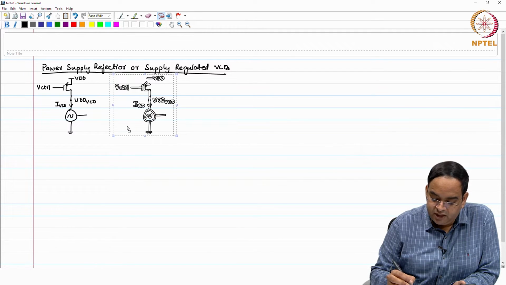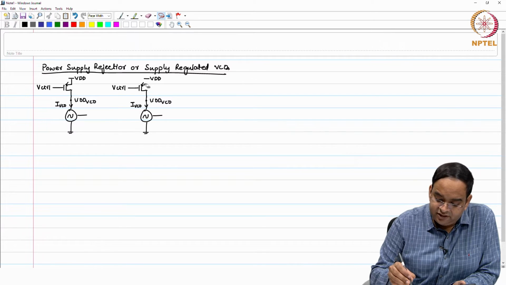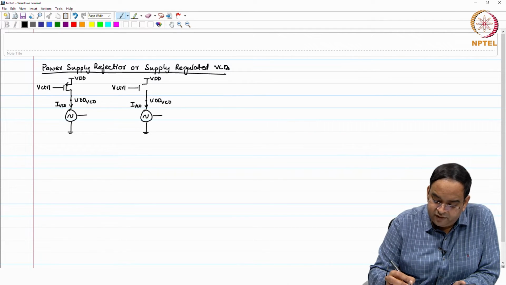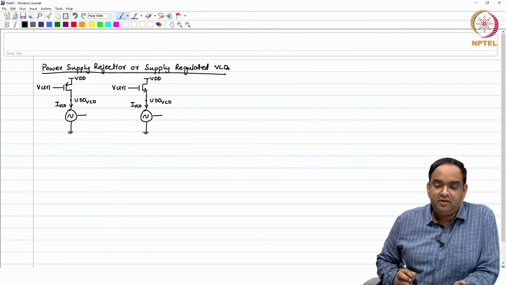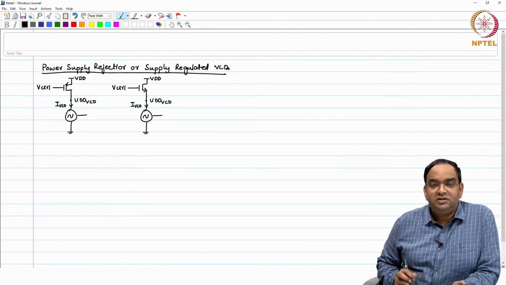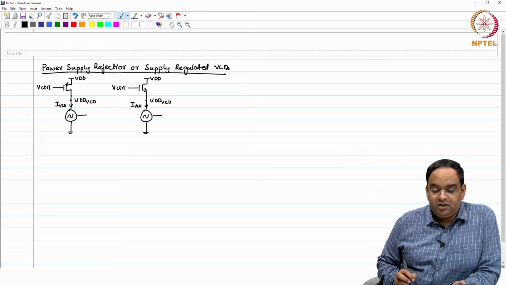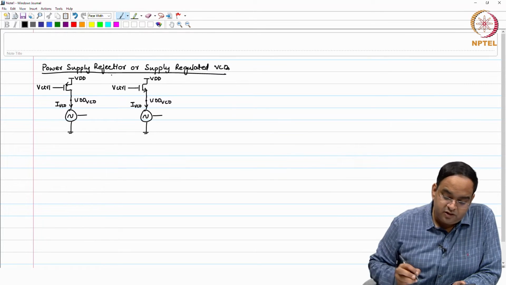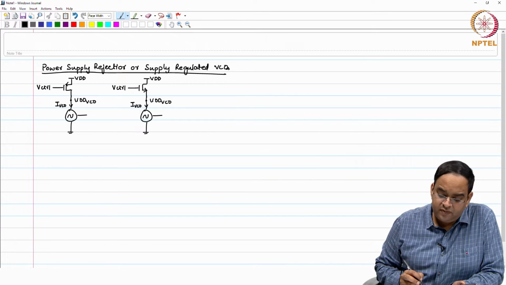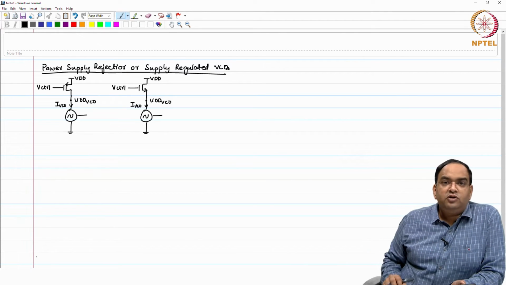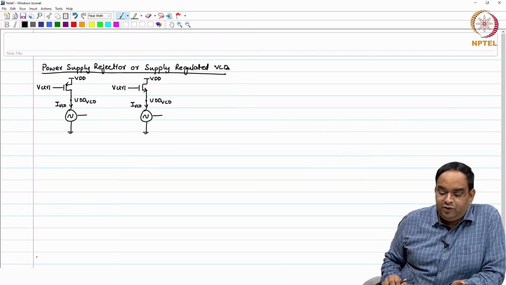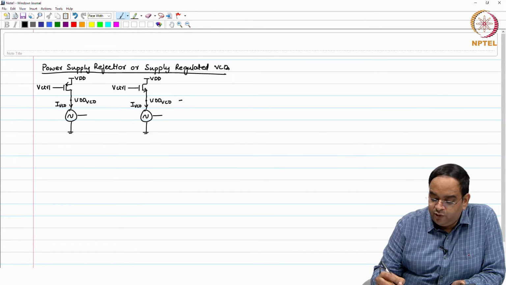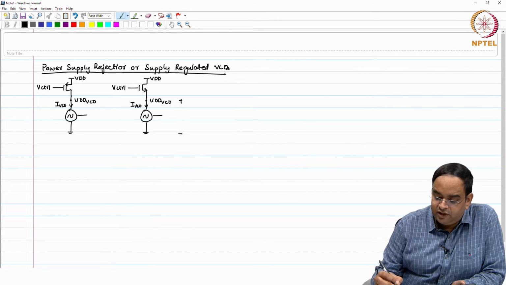And what we have seen is that in case of NMOS you get better rejection for the supply noise, because of the nature of this control, but you also saw that when you use NMOS you have limited headroom for the oscillator.